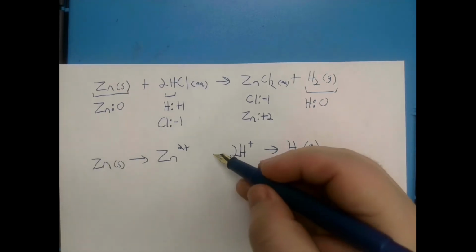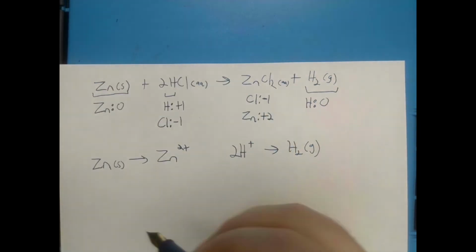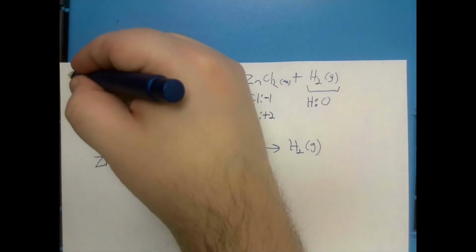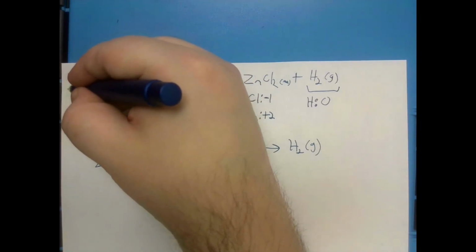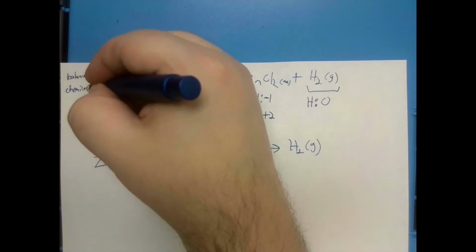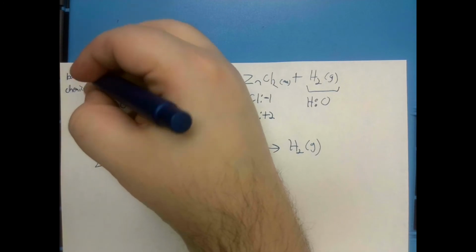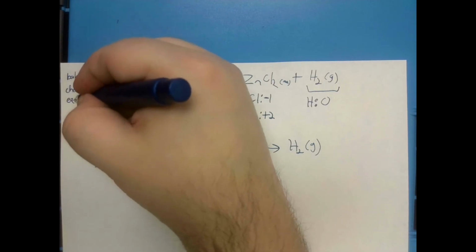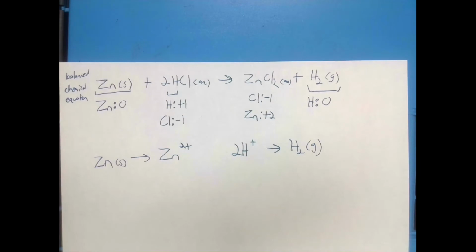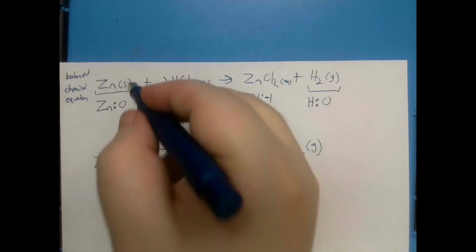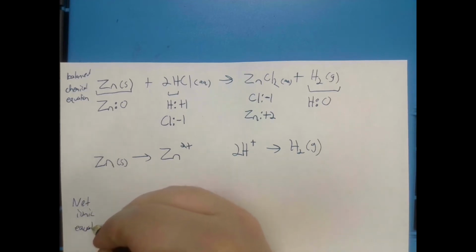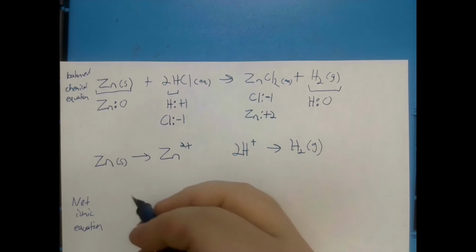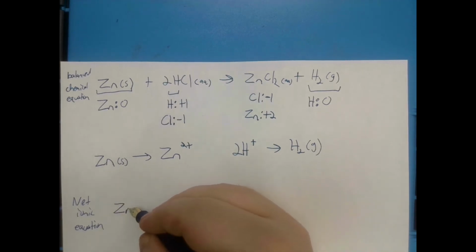So in the net ionic form of this equation, this is the full balanced equation. Zinc is a solid, so writing the net ionic equation, it's not an ion.